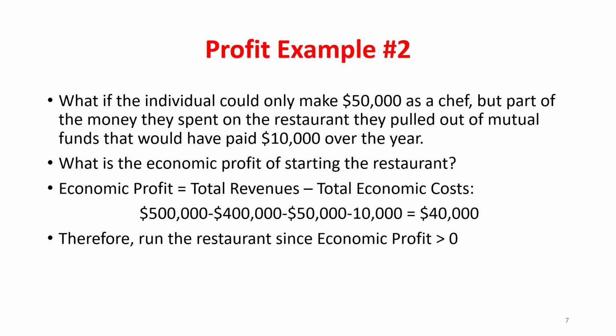Investing it. If I put it in mutual funds tied to the S&P or some other financial package, I'm going to have returns to that investment. So by using that money to start my own business or to run the firm, what am I not doing with that money? I'm not investing it. The foregone returns to my investment are also another type of opportunity or implicit cost.